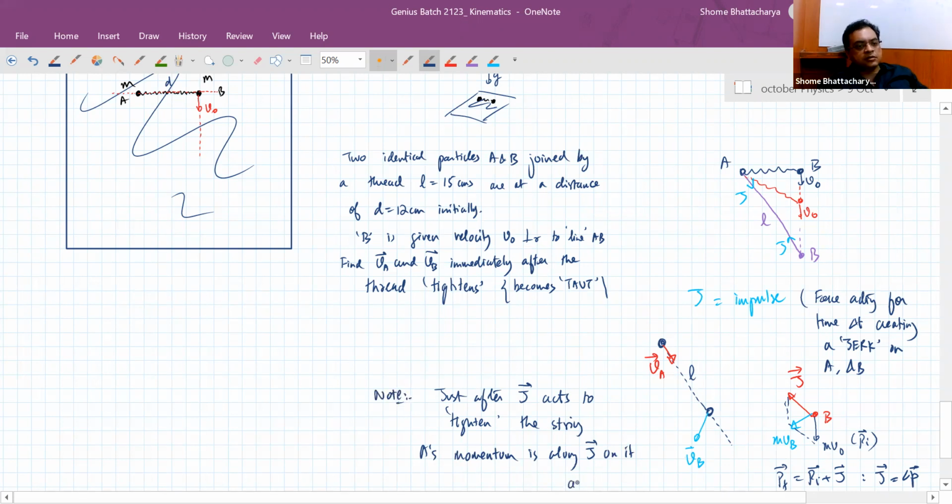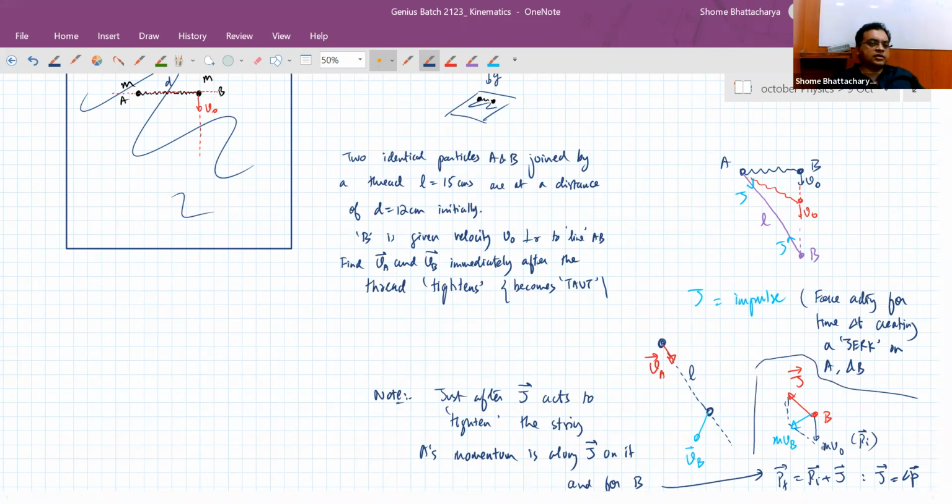And for B, you have this situation, this vector diagram is showing you what is happening for B. That the impulse is equal to the change in momentum. So this is the final momentum. So the final momentum is the initial momentum plus the impulse.